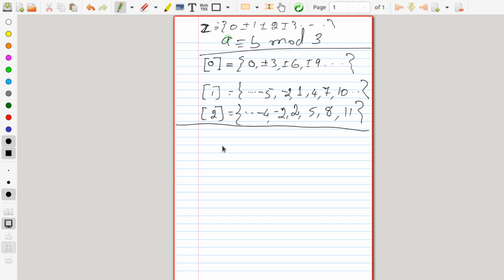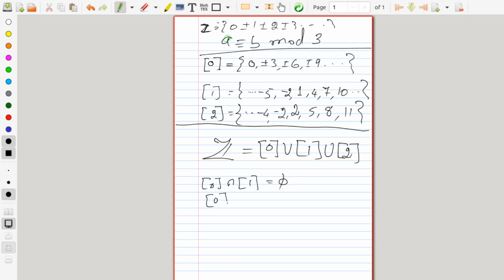Anyway, here the set of all integers Z is the union of the equivalence class of 0, the equivalence class of 1, union the equivalence class of 2. And the intersection of any two of the equivalence classes, that is the equivalence class of 0 intersection the equivalence class of 1, is the null set.